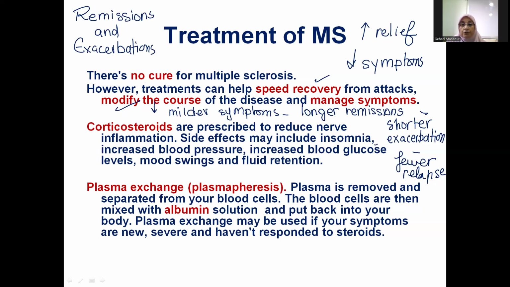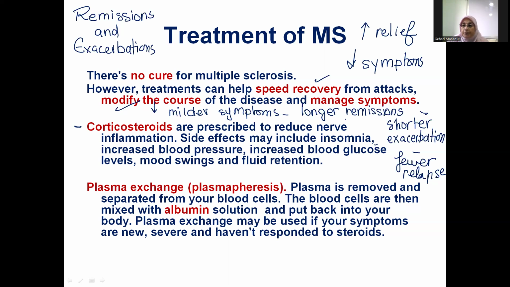And one of the major and very frequently utilized medications used in case of multiple sclerosis are the corticosteroids. The corticosteroids are mainly prescribed to reduce the autoimmune inflammation that occurs.